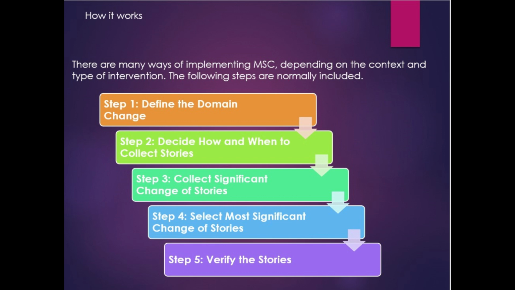After completion of the collection of significant stories, we need to analyze the stories and select the most significant change. Sometimes we also need to revisit the place, because there might be some verification of data needed to understand the process of data collection and what changes happened at the beneficiary level or organizational level.